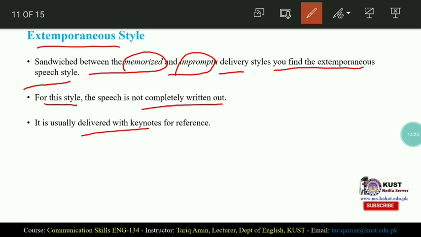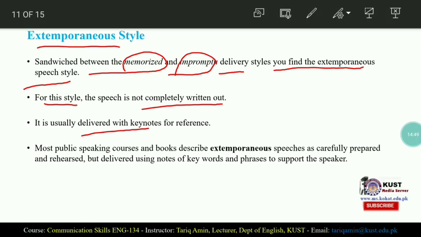It is neither completely written out nor completely impromptu. So you have keynotes, you have main points of your presentation, and you explain those points. You refer to your keynotes, you refer to your page, and sometimes you even read a sentence or two from your page as well.